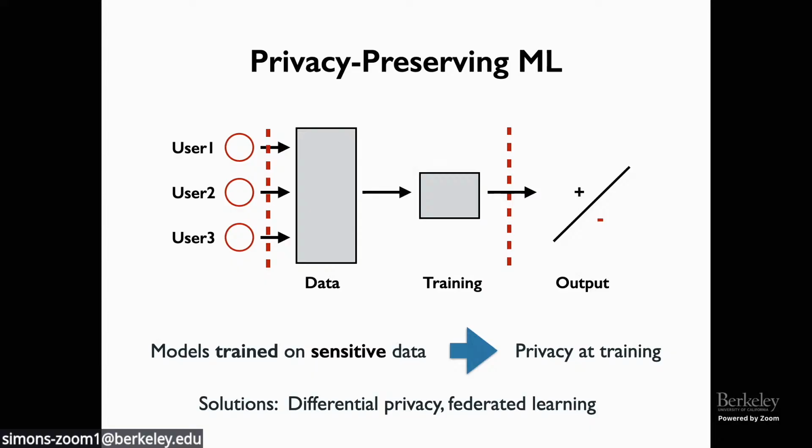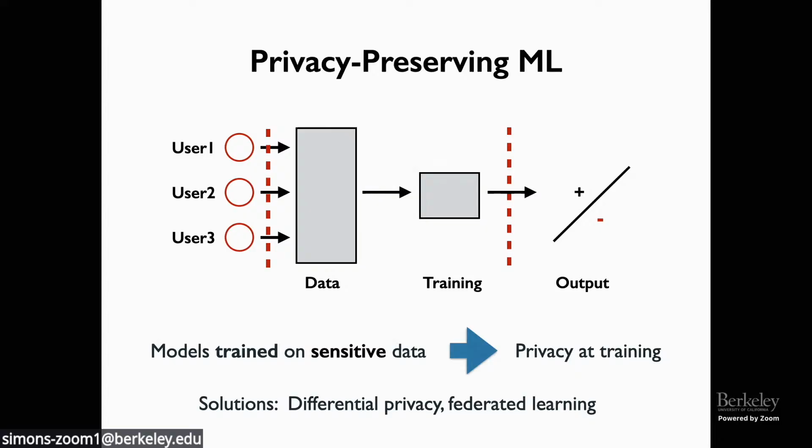So maybe you're training a model and then you're releasing it publicly with the open weights, and so it's okay for you to hold the sensitive data, but you don't want it leaking out after you have released the model, right? So that's another model. And the various kinds of solutions that come into play in this case are things like differential privacy, which I have also worked on for many years, and federated learning, we heard some very good success stories of federated learning this morning, and so on, okay?